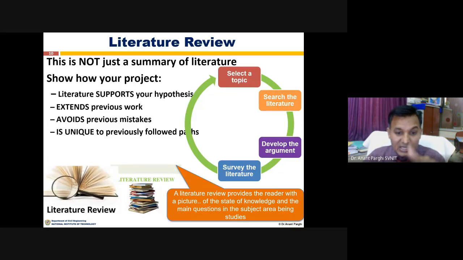After that, you will again do the literature review and then critique the literature also, because whatever the published research, it is not mandatory that they did 100% correct work, right? So you need to criticize the literature sometimes.